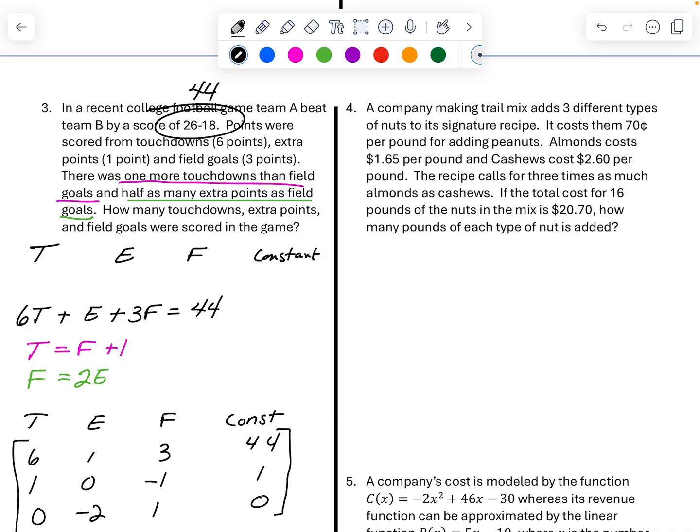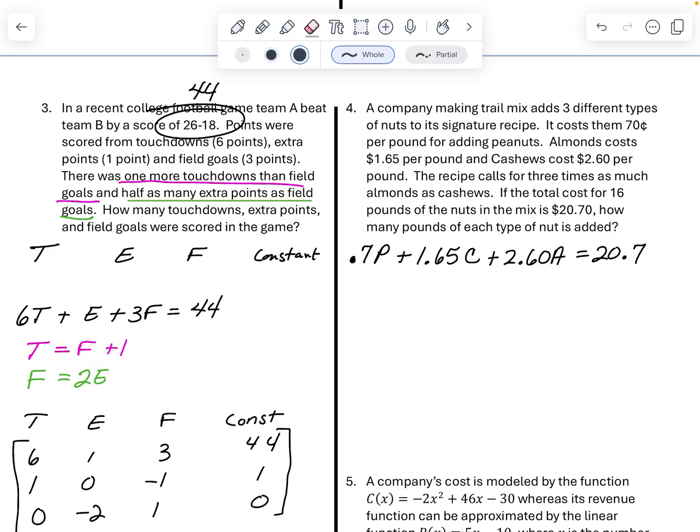Okay. I would use 70 cents for the peanuts, plus 1.65 for the cashews, plus 2.60 for the almonds, and it costs $20.70.